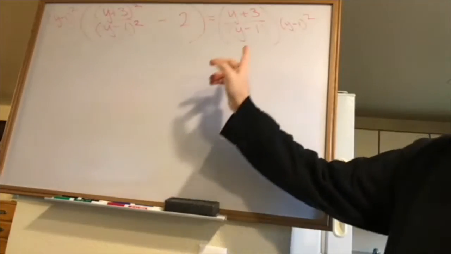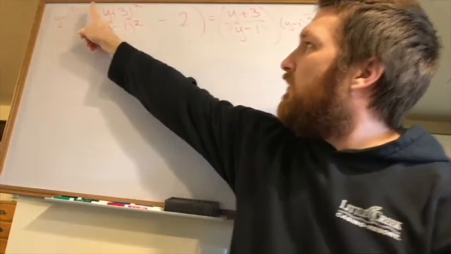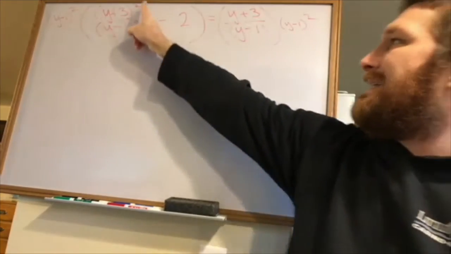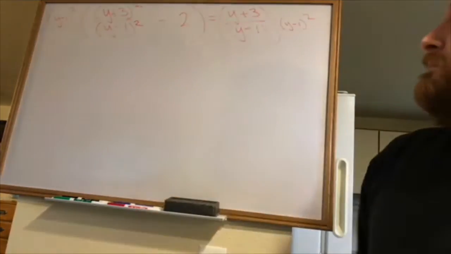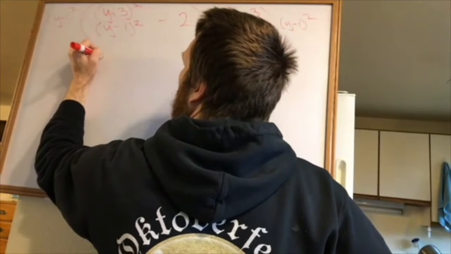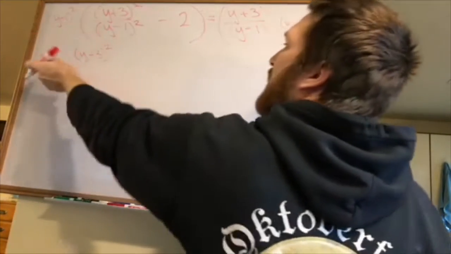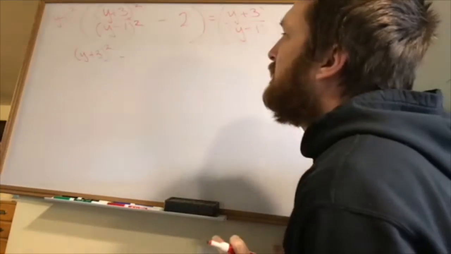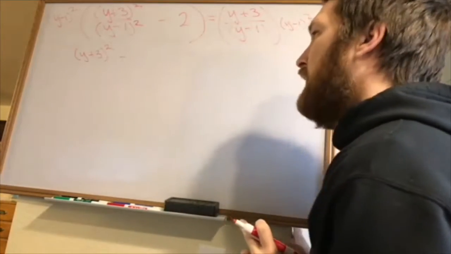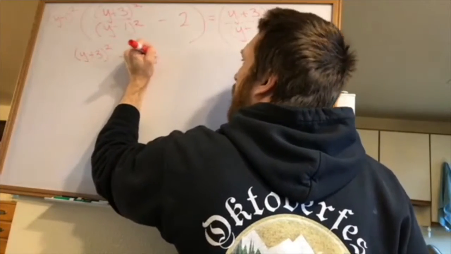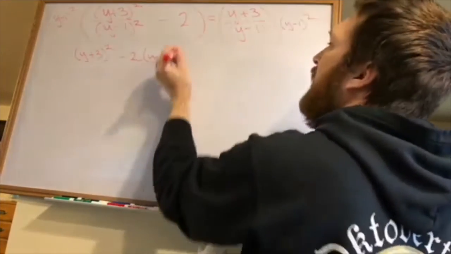This jumps over and distributes into both of these. What is left in the first case? Y plus 3 quantity squared is the only thing left on top. Then when it jumps over, after the minus we have 2 times y minus 1 quantity squared.